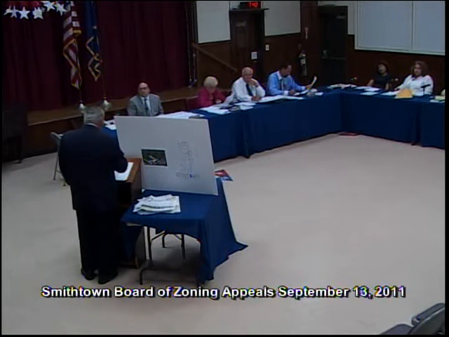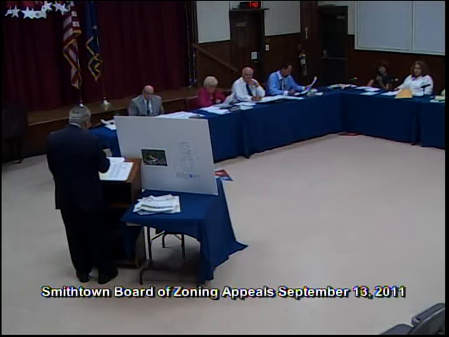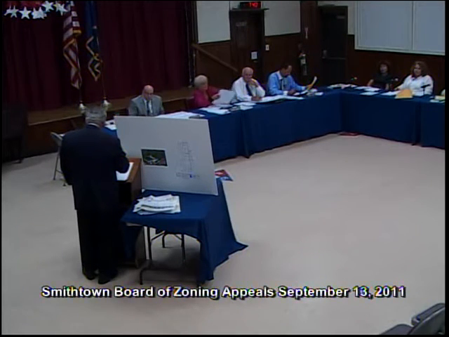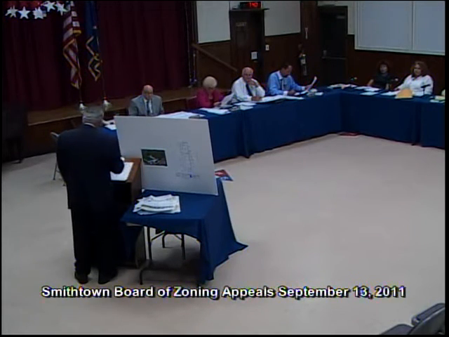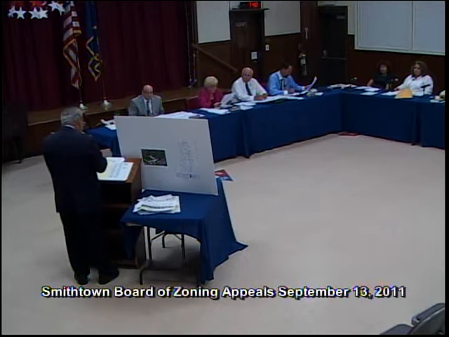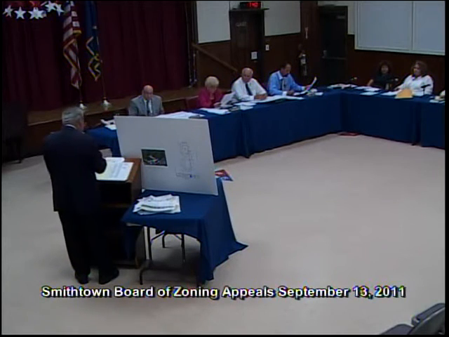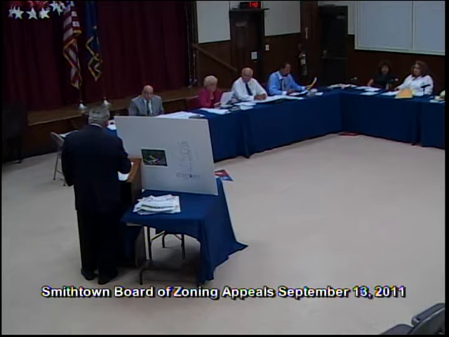The sign height from 15 to 17 feet, again, we feel is de minimis given the fact of all of the buildings along Jericho Turnpike, so it will not have any effect on sight distance or have any effect on people driving along either east or west on Middle Country Road.